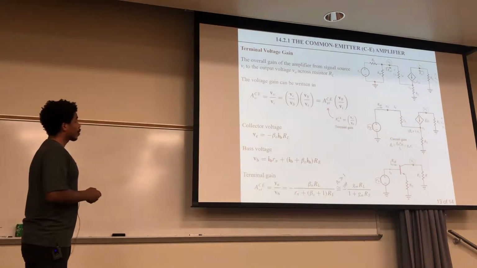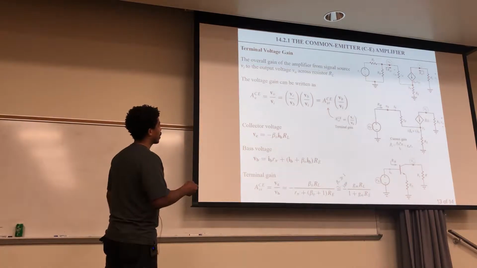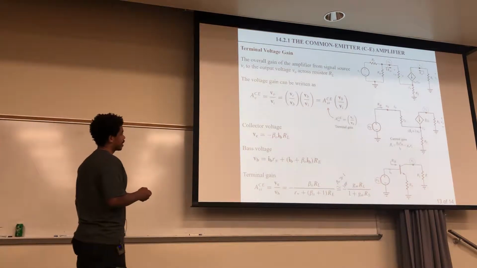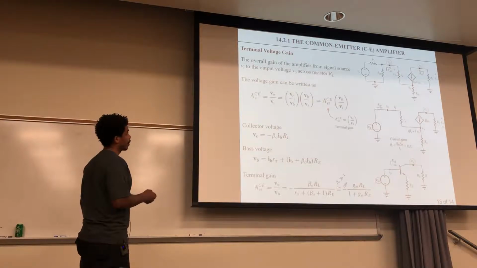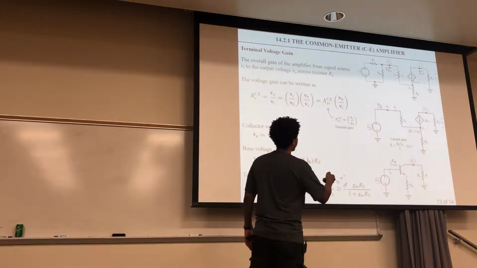Now your collector current, your collector voltage right here, that can be described as this IB times beta 0 multiplied by RL. And that's what we have right here. So this right here can be this, which is your transconductance GM times your voltage between your base and your emitter.